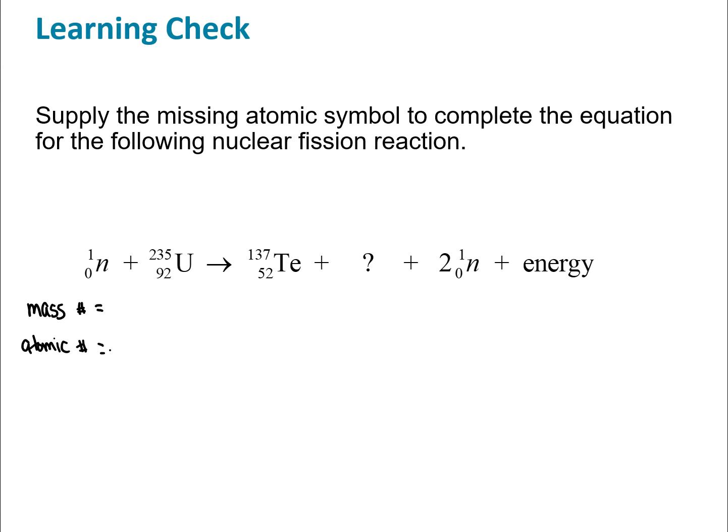Just like we did at the very beginning, you total up all of your mass numbers. And I'll try to do this in different colors. So, for our reactant side, we've got 1 plus 235. So our total is 236.